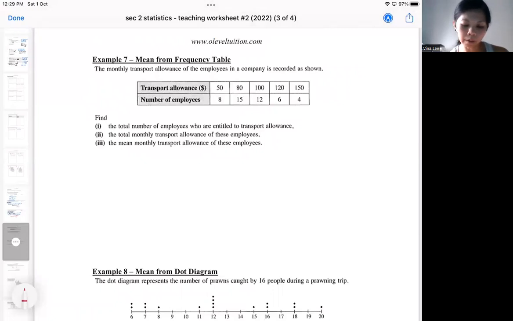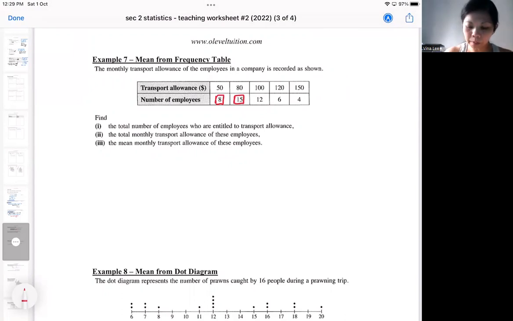For example, in example 7, the table shows the transport allowance given to the employees. Here I have 8 employees given $50 each. Here I have 15 employees given $80 each.